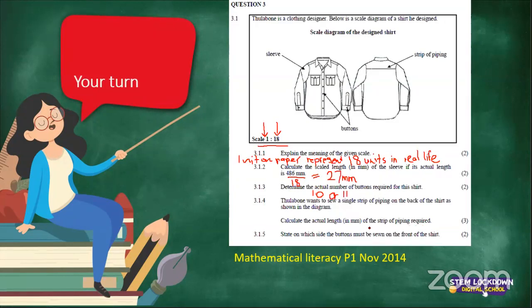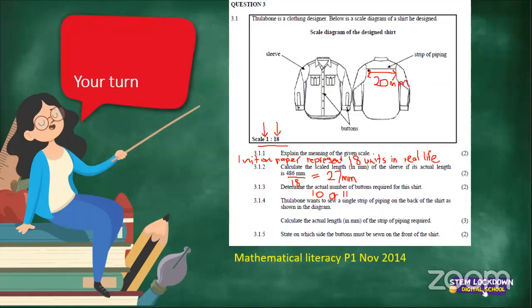Okay, this one is tricky because you need to actually measure this distance, right? You need to measure this distance here. Let's say this distance on paper is 20 millimeters, right?